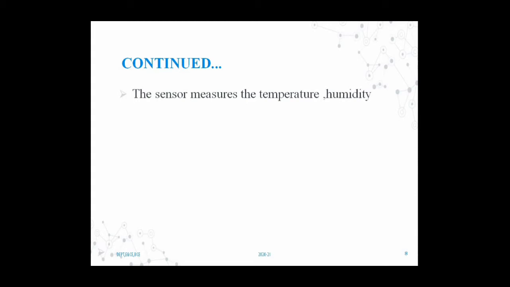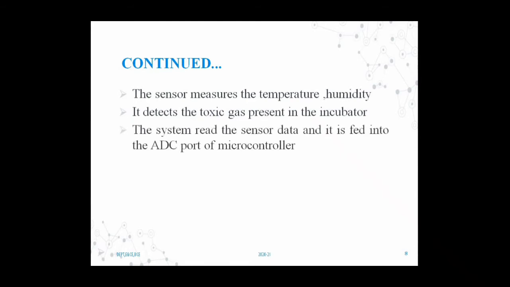Firstly, the sensor measures the temperature and humidity of the incubator, and it also detects the toxic gas present in the incubator by using the gas sensor. Then the system reads the sensor data, which will be in analog form.